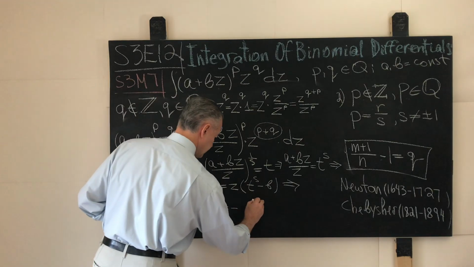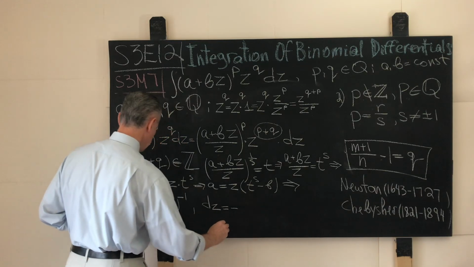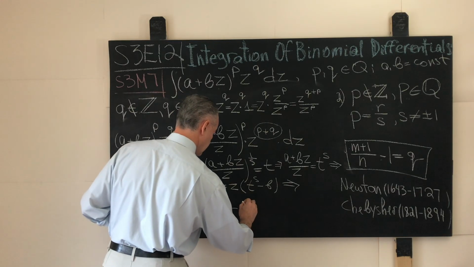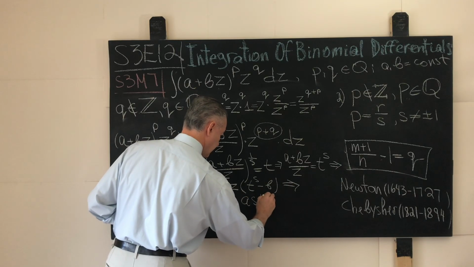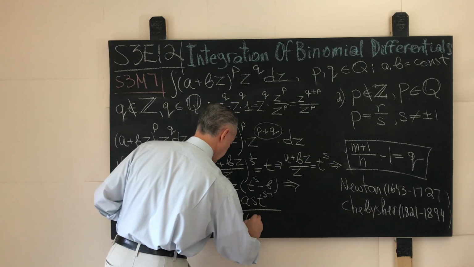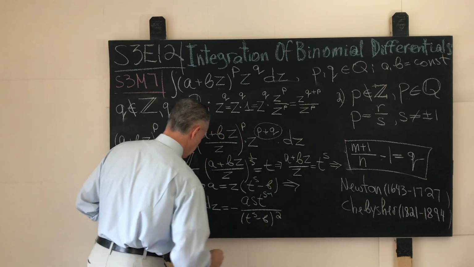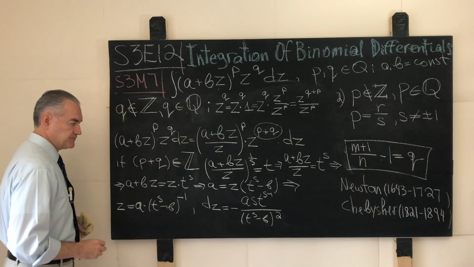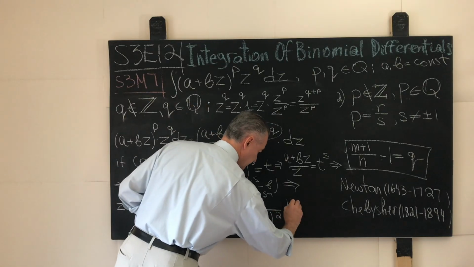Will be minus a times s t raised to the power of s minus 1 divided by t raised to the power of s minus b, squared, dt.